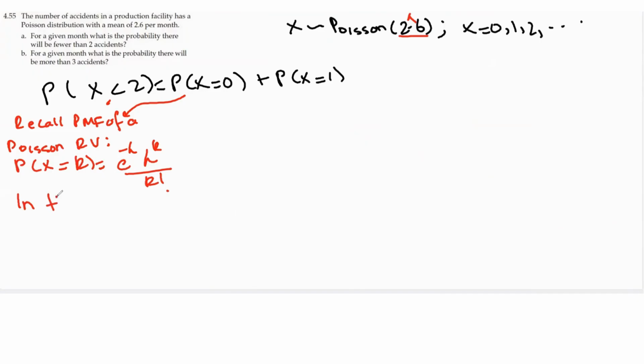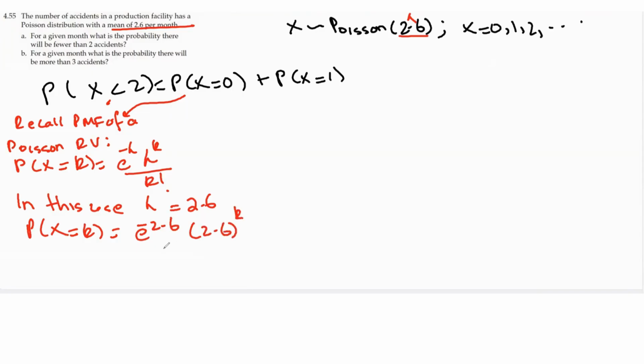So I can write this as probability x is k equals e to the minus 2.6, 2.6 to the power k divided by k factorial.